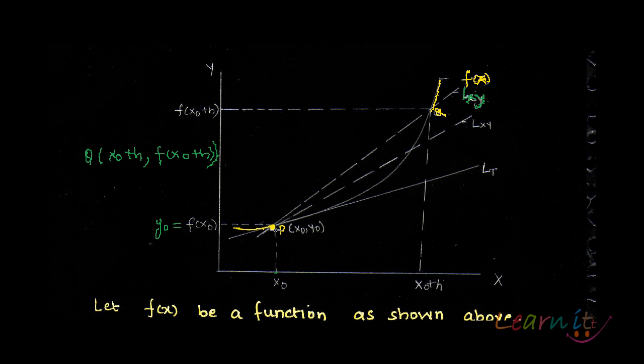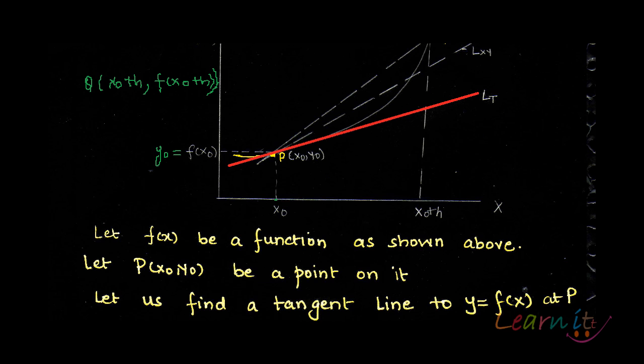There is my pen, and that's how this line will look. So our aim is to find out this tangent line, and let us see how we can do it.